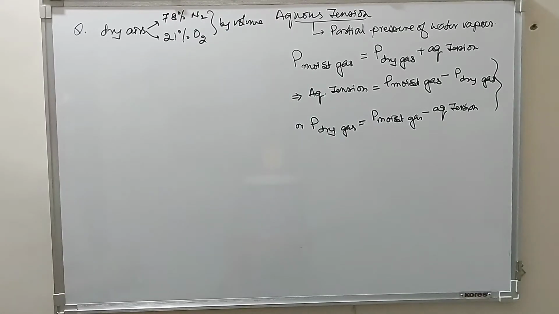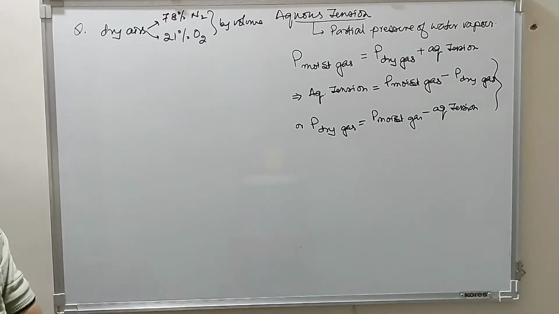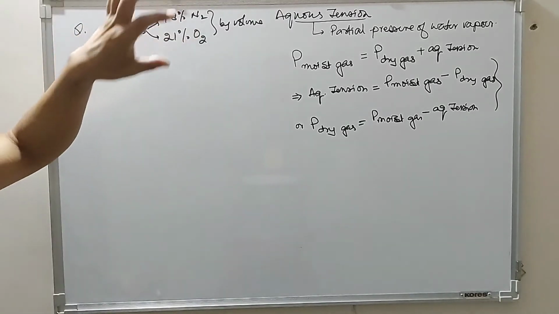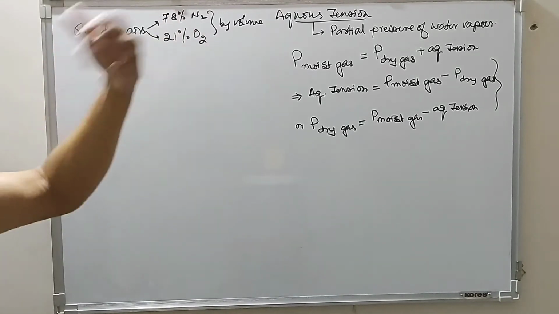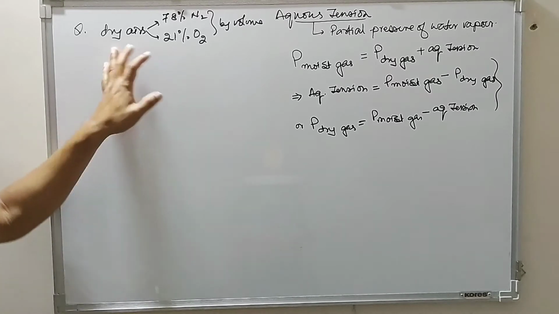That is, we take a sample of dry air having a volume V. In this volume V, 78% is nitrogen gas and 21% is oxygen gas, and the rest, approximately 1% or less, is for the remaining gases. So we have dry air.